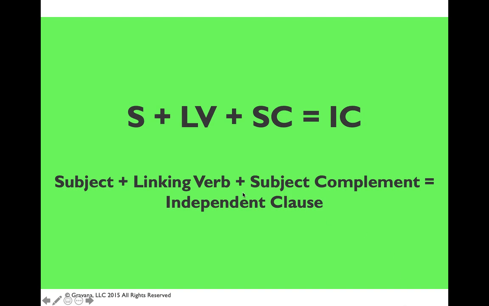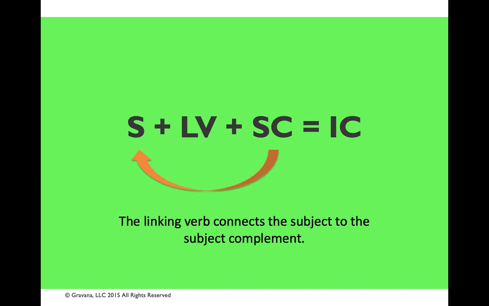You take your subject plus your linking verb plus your subject complement, or how you describe it, and you have an independent clause. Remember, another word for an independent clause is a sentence. So your subject plus your linking verb plus your subject complement, and you have a complete sentence. Here it's just showing you that how you describe your subject is connected with the linking verb.